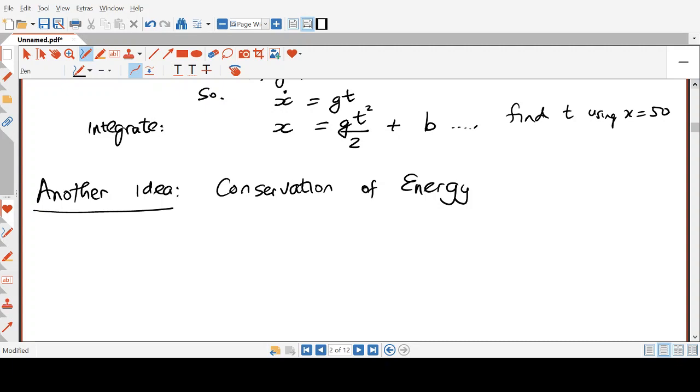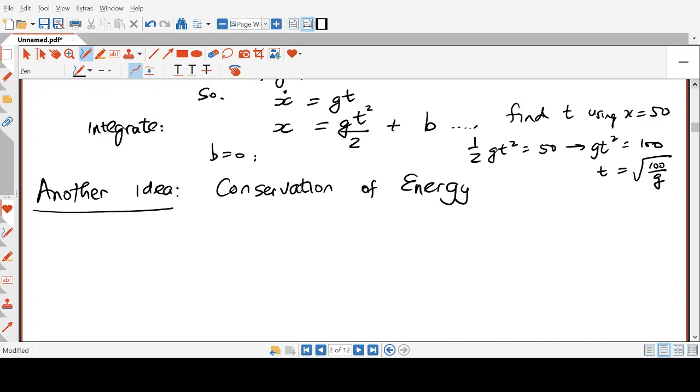So the b is 0. So you can solve half gt squared equals 50 and carry on. This means that gt squared equals 100, and t equals the square root of 100 over g. That's going to be the answer.